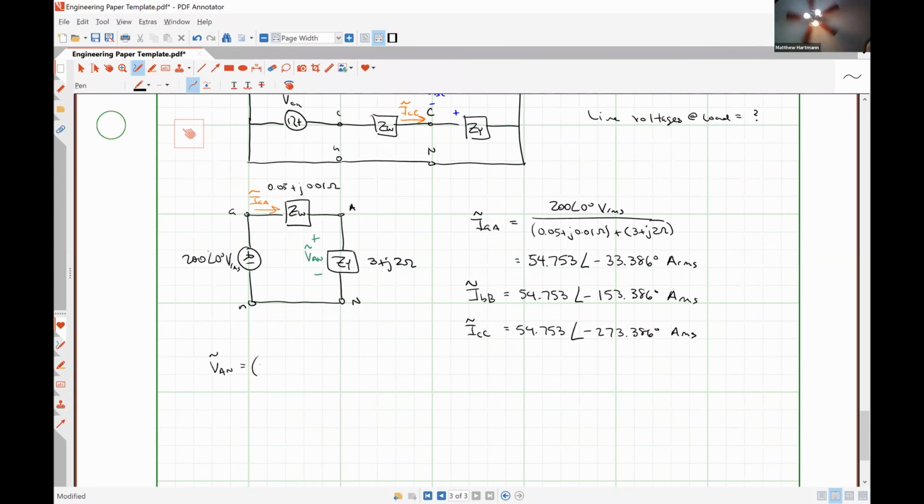So using Ohm's law, IAA times ZY, which would be 54.753 angle negative 33.386 degrees amps RMS times our impedance of 3 plus j2.